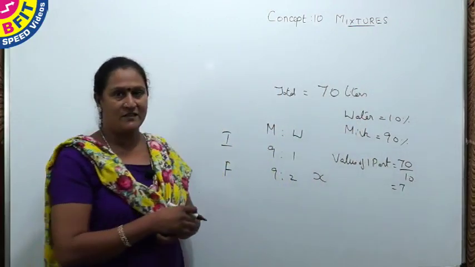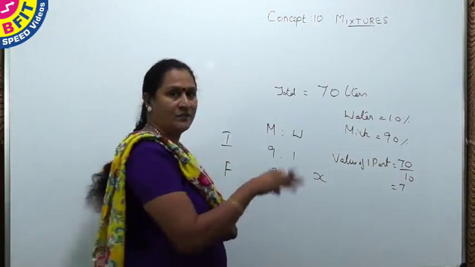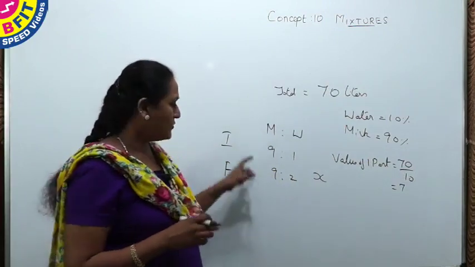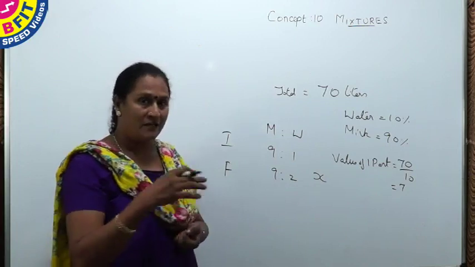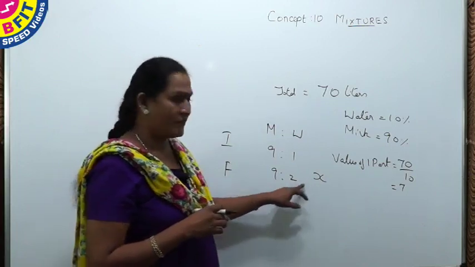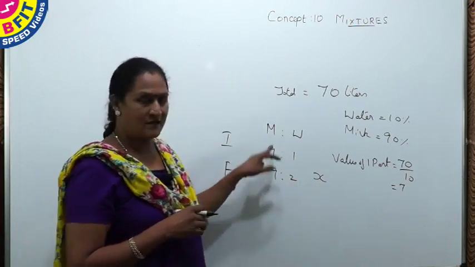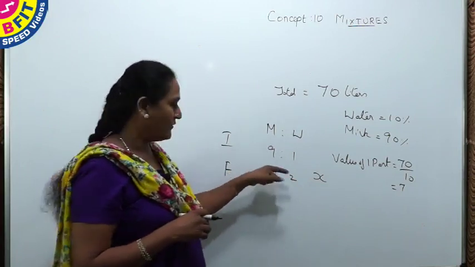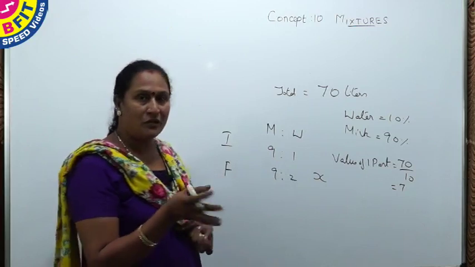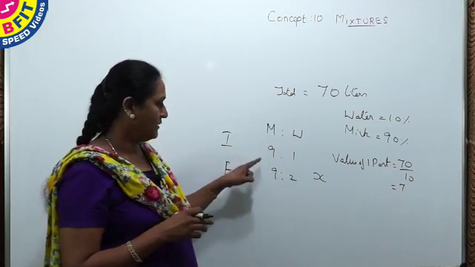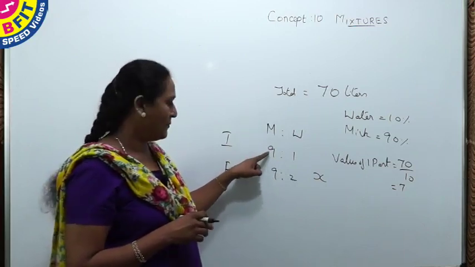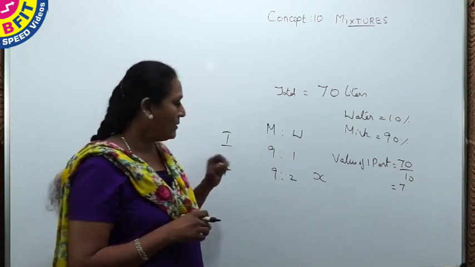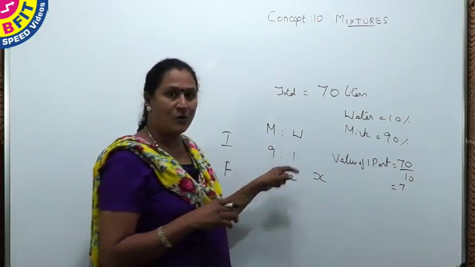So for this question, no need to solve using heavy calculations. So when you check this ratio, you get this type of question. When water is added, the other part, that is the milk, remains the same. So whenever you have the same value after adding water also, no need to do any working. So here the value of milk, 9 parts, is retained here also, but water is increased by how many parts?